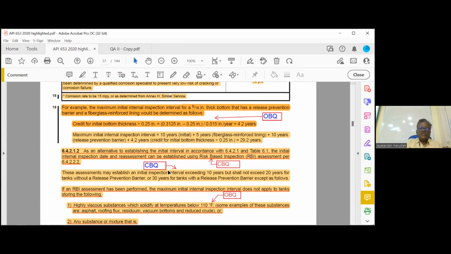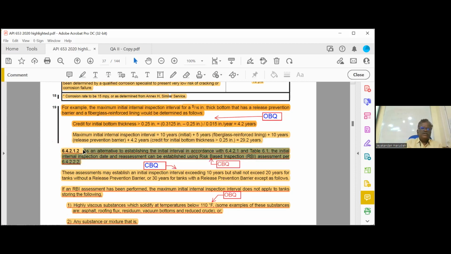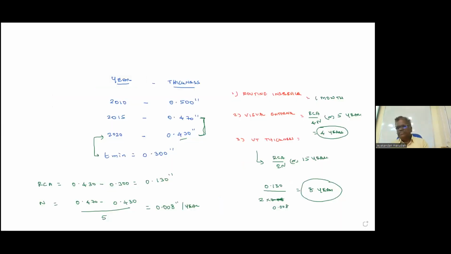As an alternative to establishing the interval, the initial interval can be established by the RBI. What is meant by risk-based inspection? Actually, RBI is not very important for 653. I will just briefly explain what is RBI. So there is a formula for risk.